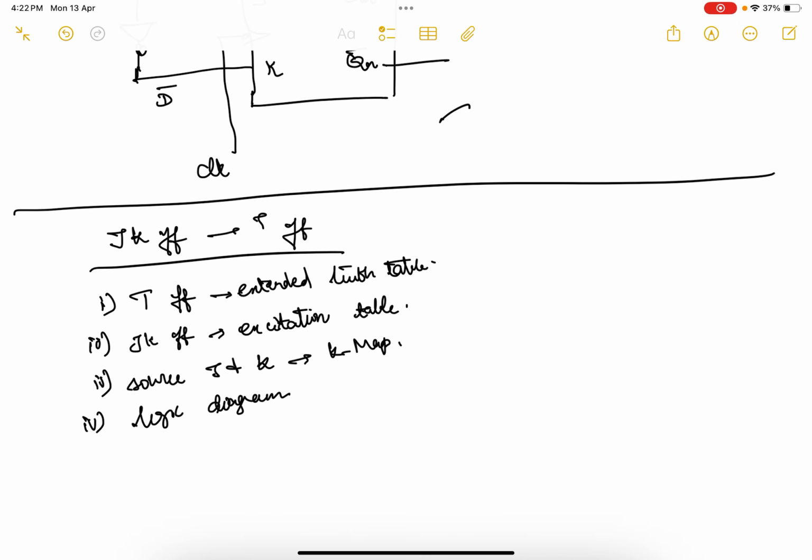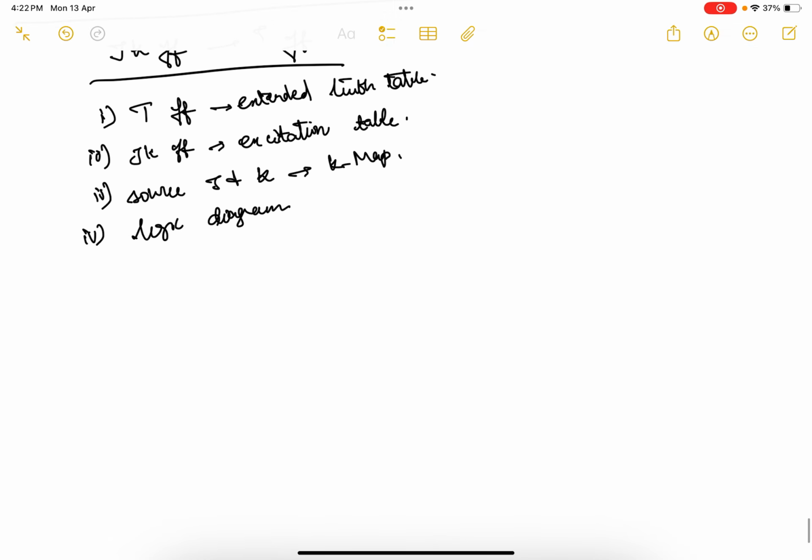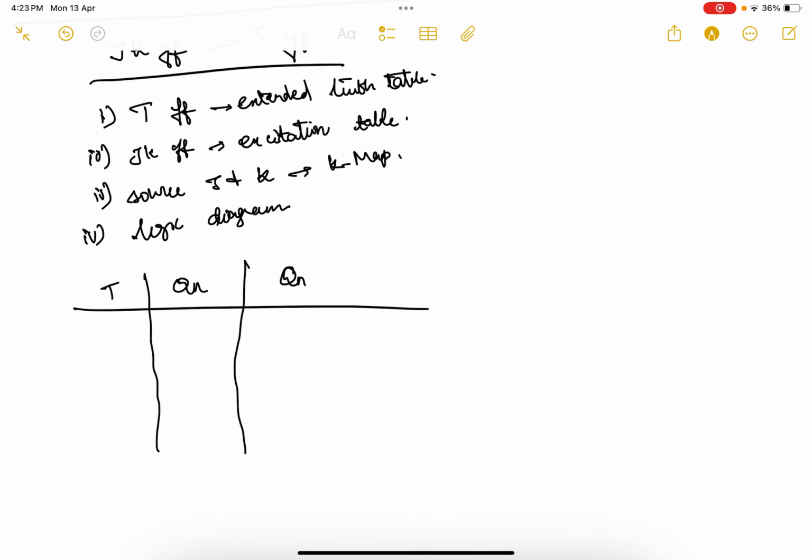So first thing is the extended truth table for the T flip-flop. I will draw the extended truth table for the T flip-flop. So T, Qn, and the next state, that is Qn plus 1.